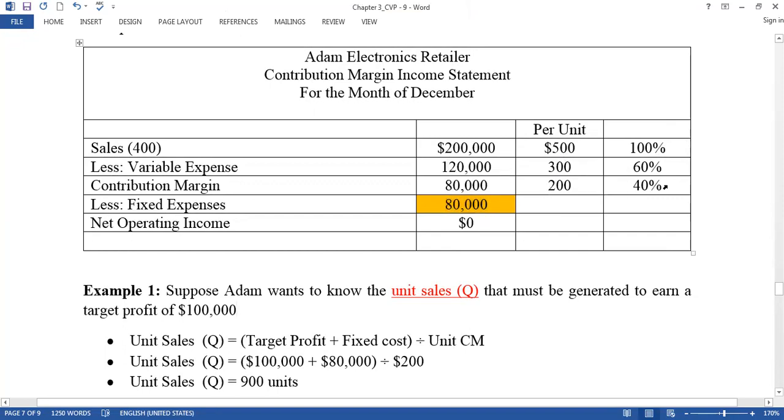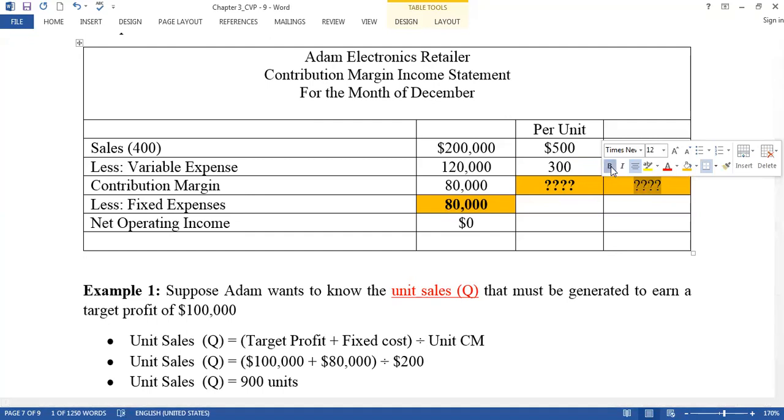Look at here, I delete these two. These two may not be given, because according to this formula, we should have fixed cost, we should have per unit CM, and we should have CM ratio, right?